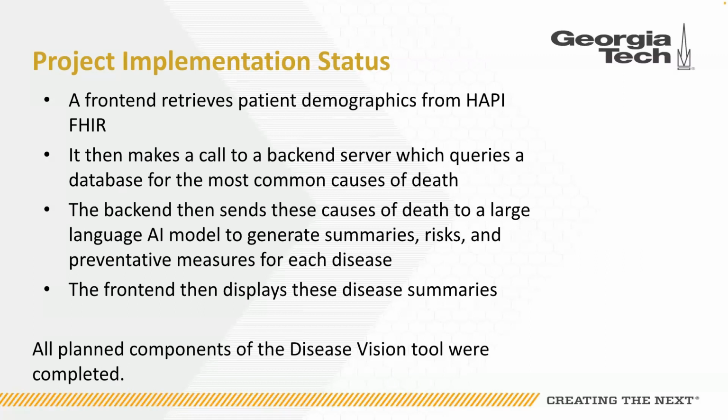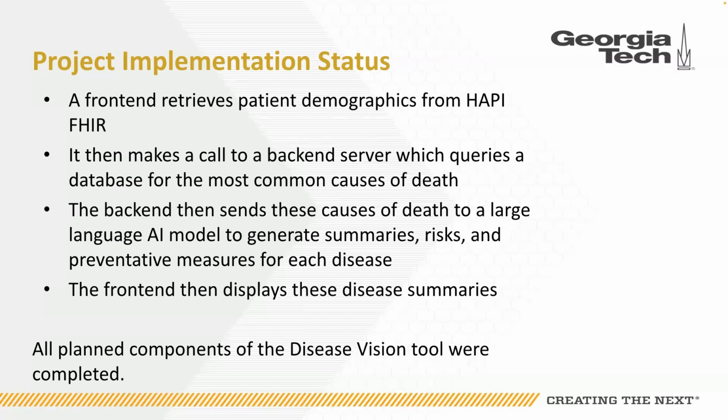The backend, upon receiving this list of causes of death with their relative death rate for each of these diseases, we sort them so that we get the most common causes of death.